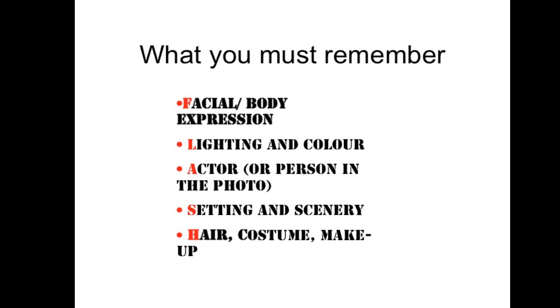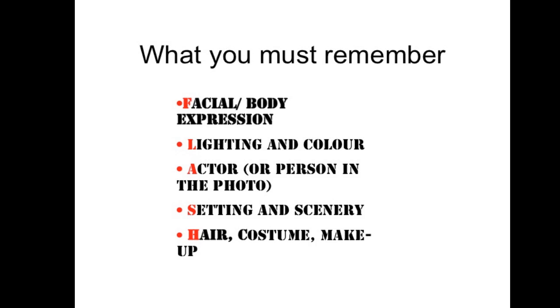The expression FLASH is the following. F stands for facial and body expressions. What can you see in the face? What can you see in the body expressions? What does that tell us? L stands for lighting and colour. How have they used the lighting and the colour to get across the message? A stands for actor or person in the photo. What is that person doing to get across the message or the representation in the picture?